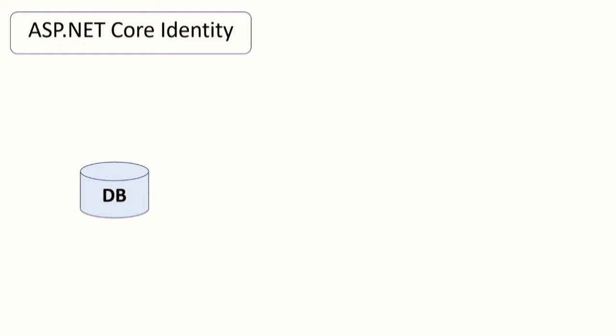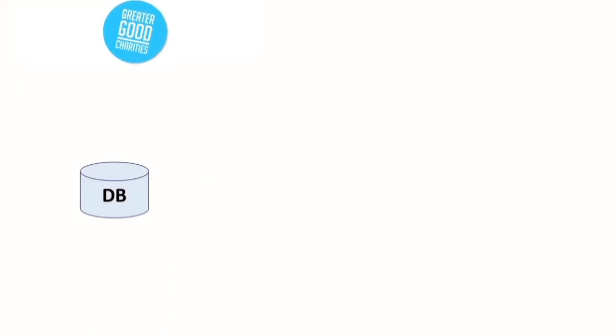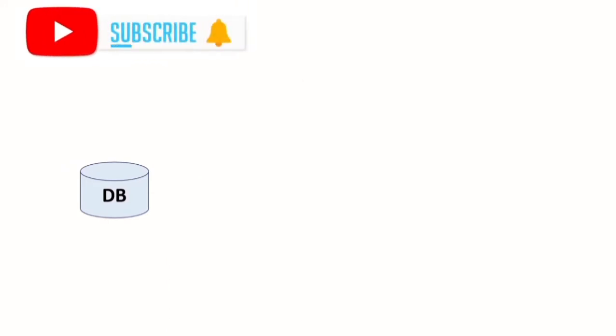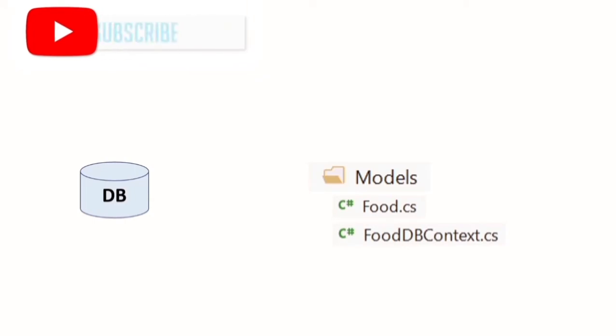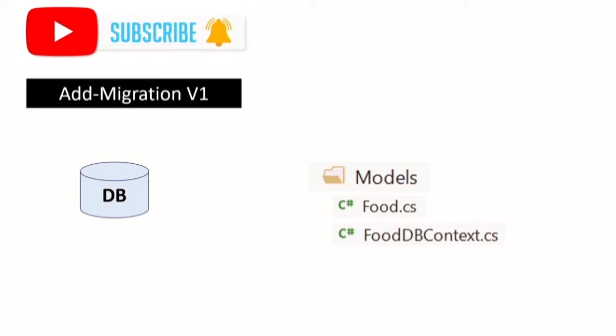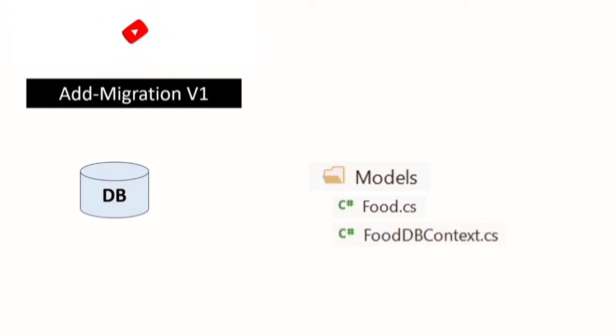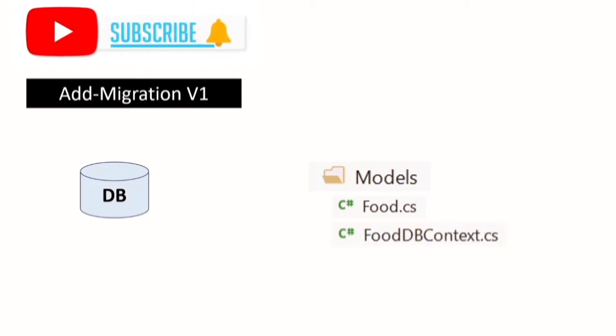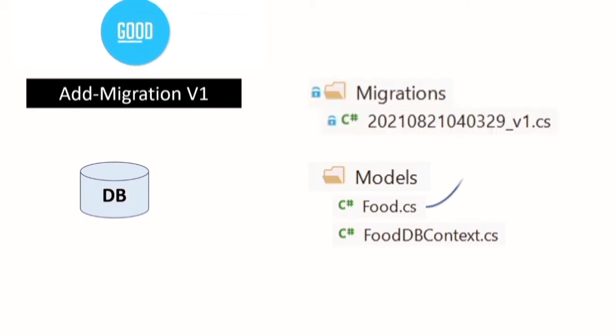So today we're going to create our own table inside this database using the migration. First, we're going to create a model, with one model file and one DbContext class. When we type this add migration B1, with this DbContext class, we're going to use this food model to create this migration file.